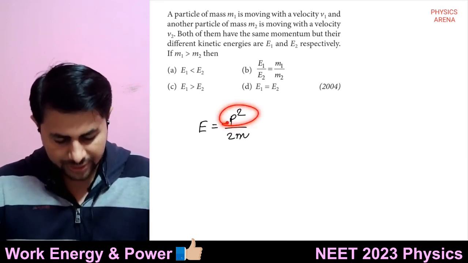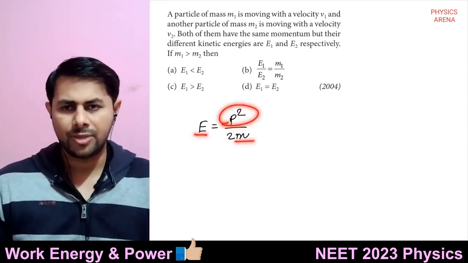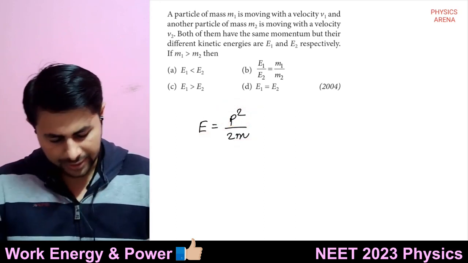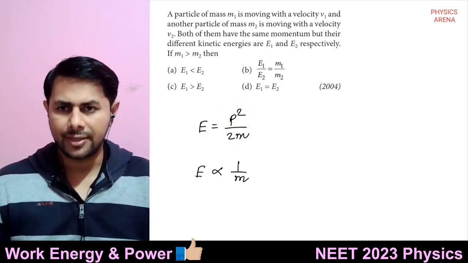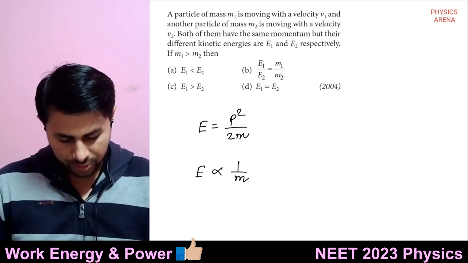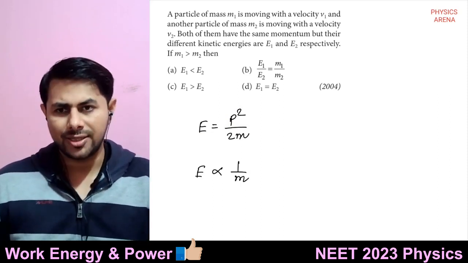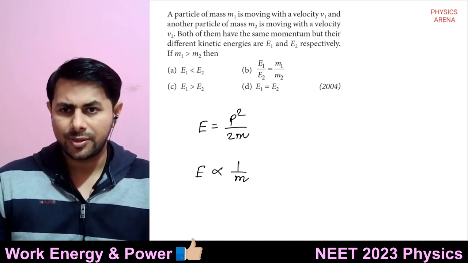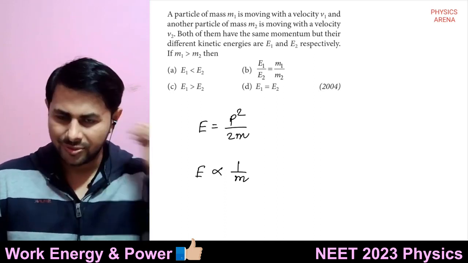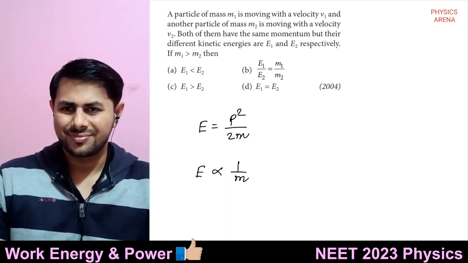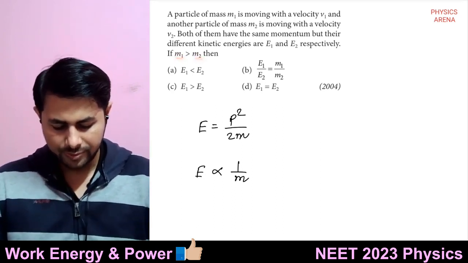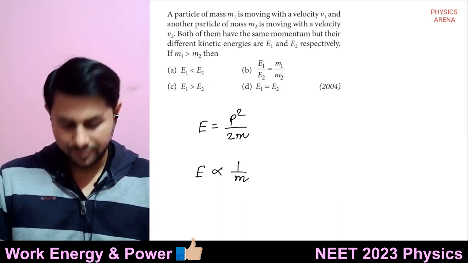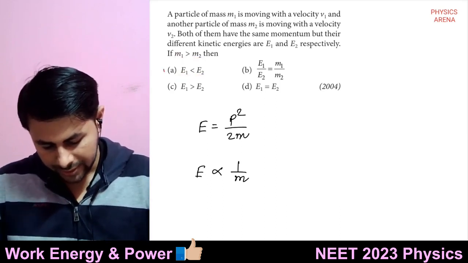Momentum is the same, so energy is inversely proportional to mass, right? Kinetic energy is inversely proportional to mass. So if mass is more, energy will be less. If mass is less, energy will be more. What's the answer? m1 is greater than m2, so E1 would be less than E2, right? This is the answer.